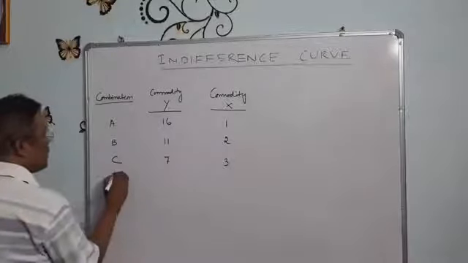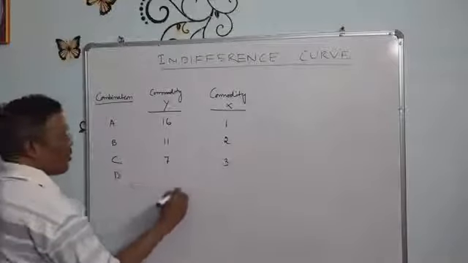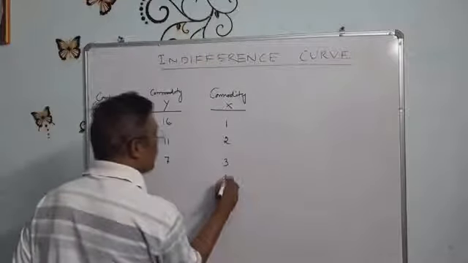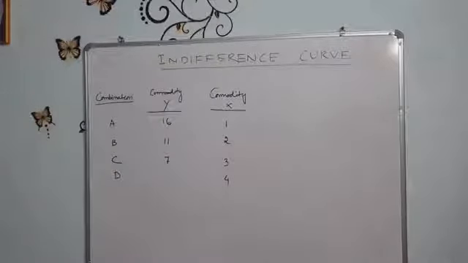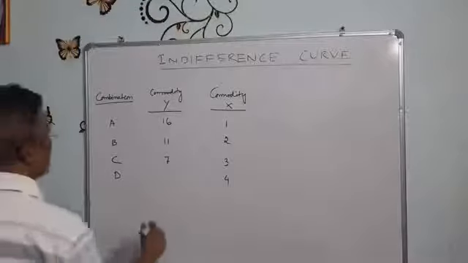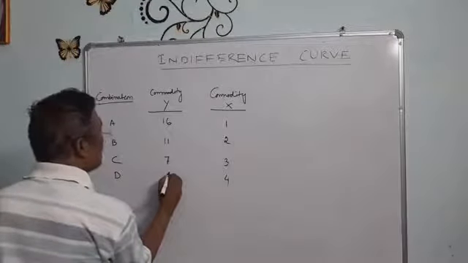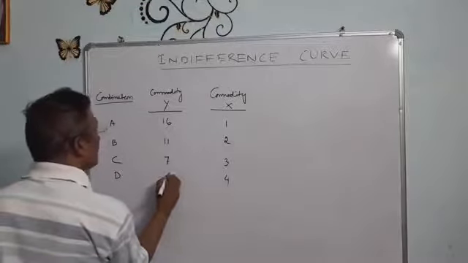And D is the combination when 4 units of the commodity X, Y commodity will be 4.